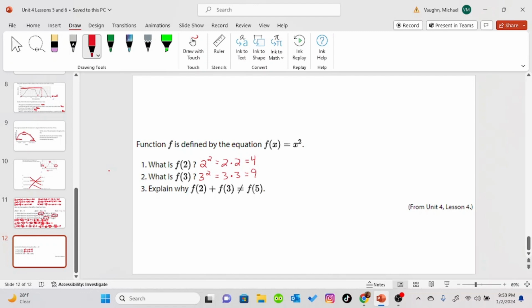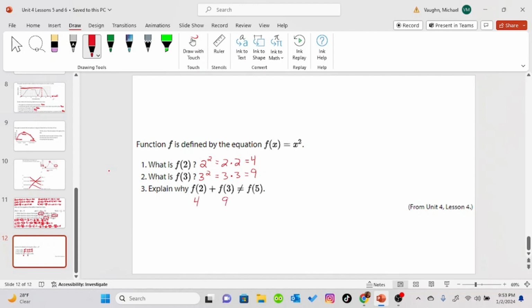Now we need to explain why f of 2 plus f of 3 does not equal f of 5. The easy way to show this is we said that f of 2 equals 4, and we said that f of 3 equals 9.